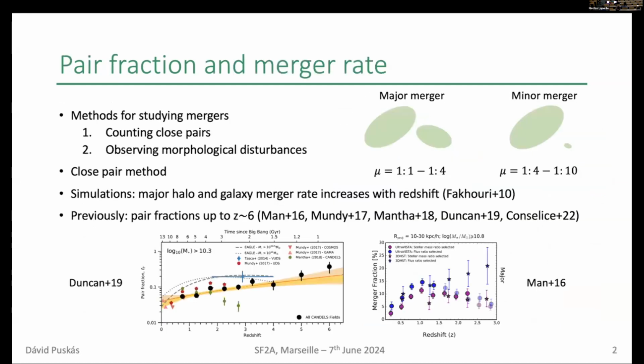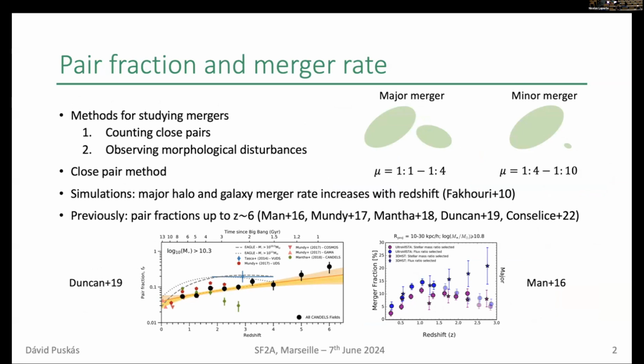There are two methods of looking at these mergers. One is by counting the close pairs, and the other one is looking at disturbed morphologies. But from now on, I will be focusing on galaxies which are in close pairs, and in particular, looking at major mergers, which have a stellar mass ratio between 1:1 and 1:4.